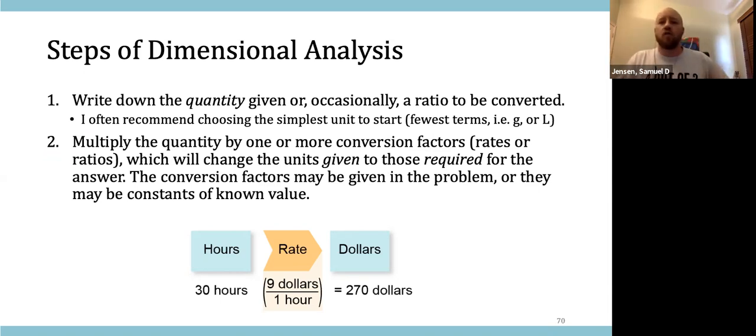Where do I start? My suggestion would be to try to find the simplest unit, the single-term unit. Start there, and that usually will tell you what your first step is going to be.